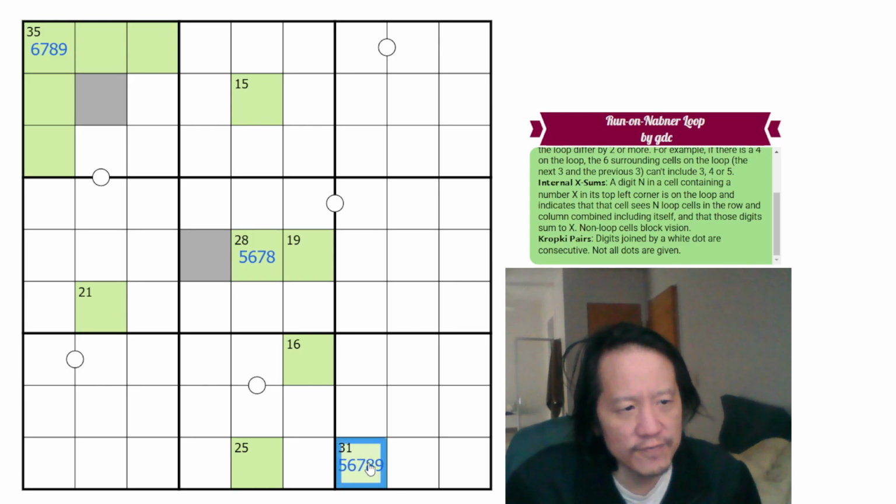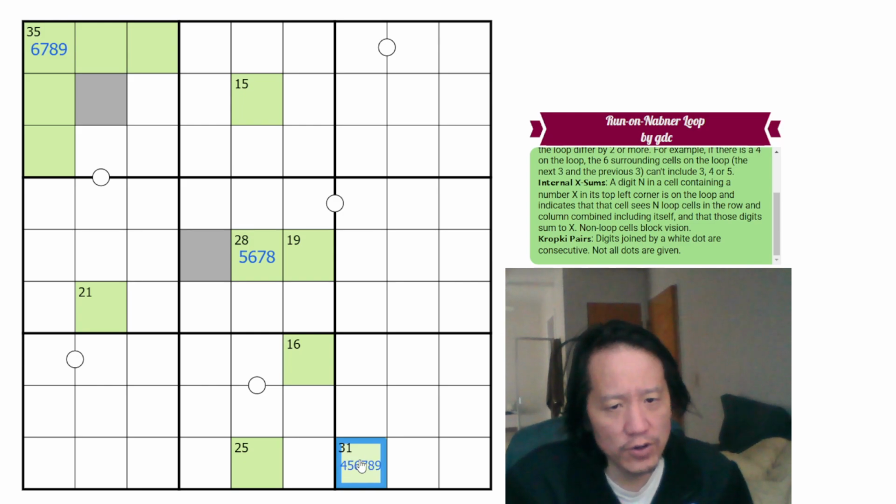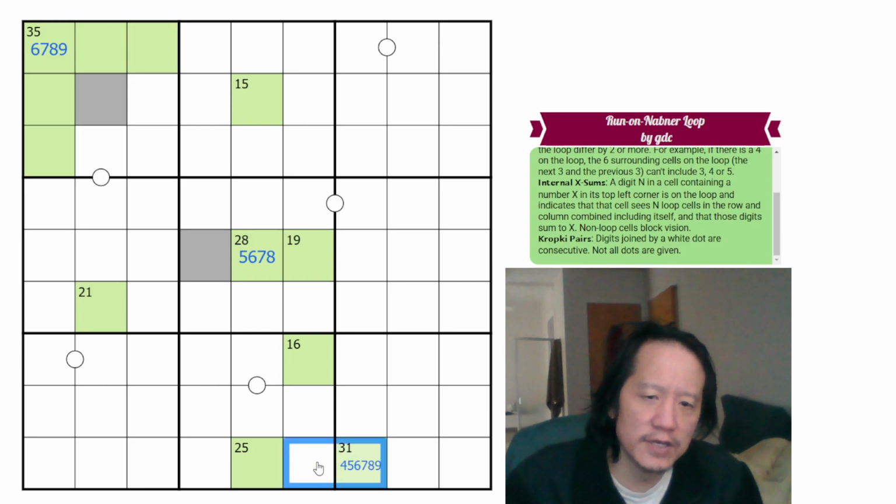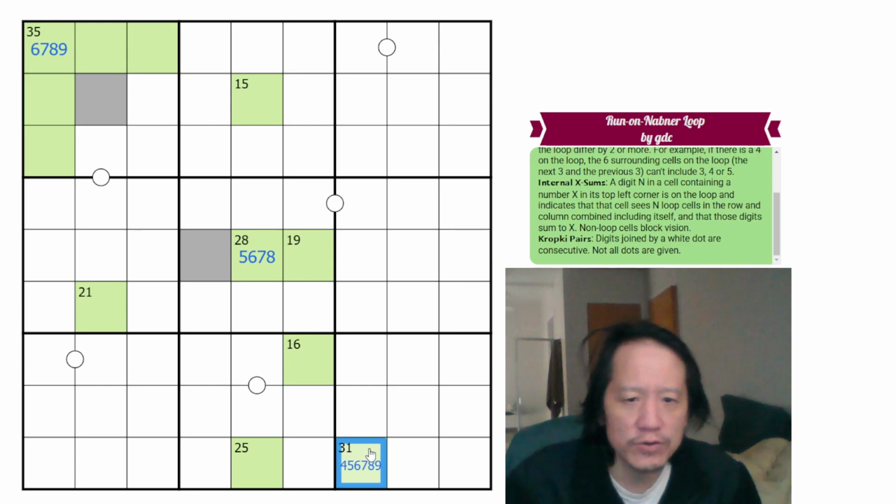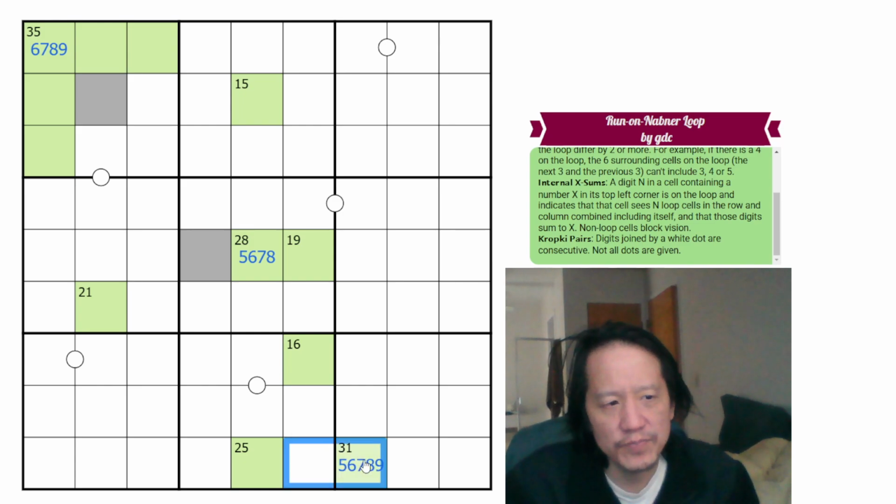Right, because you can't have 4 digits adding up to 31. Actually, you could. This could be 4. It could be 9 and 9, right? Oh, but that's 3 apart from each other. So no, it cannot be, yeah.